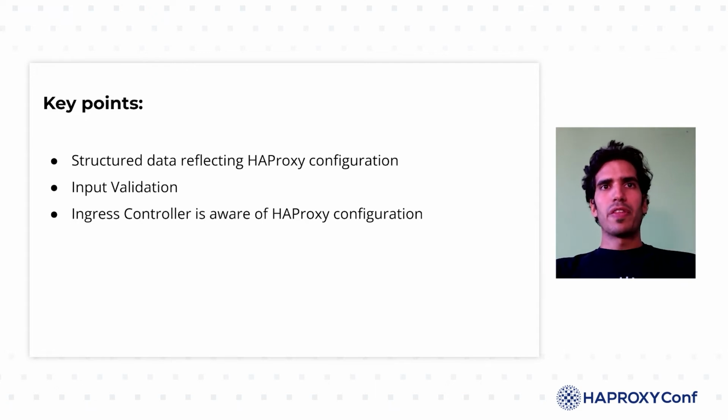Another key point of custom resources is that the Ingress controller is aware of HAProxy configuration, which means that whenever we push custom resource configuration, the controller will know what parts of HAProxy are being configured. On the contrary, for example, with raw configuration, this is not possible.